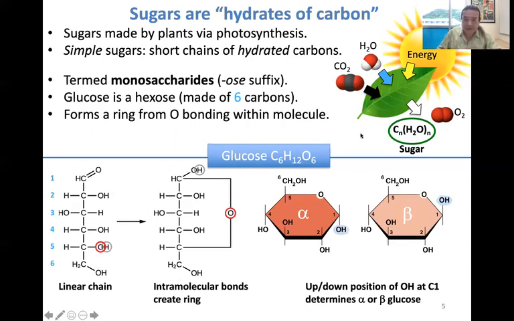So this cartoon on the right here, I think you all know what this is showing, right? A typical green leafy plant gets energy from the sun, and through this process of photosynthesis that we will learn about later, it combines carbon from the atmosphere, coming from carbon dioxide, with water, from the atmosphere or coming up through the roots, and it recombines those atoms to form sugar molecules.